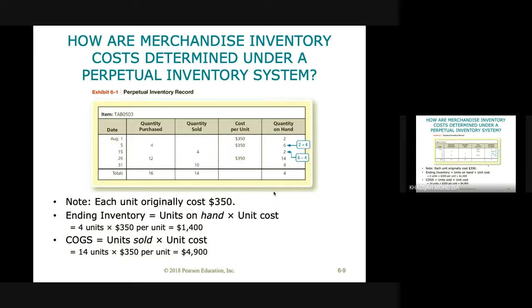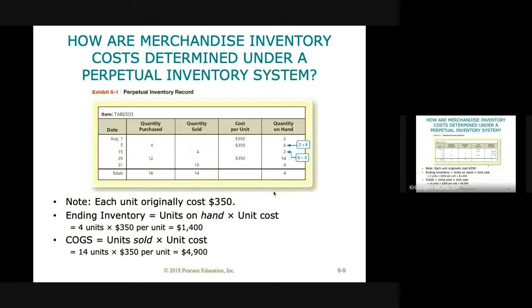It's under the system. Then on the 15th of August, you sell 4 units. Before that, you have 6 units, then you sell 4 units, and therefore at the end of the period you are left with only 2 units, whereby 6 units minus the 4 that you sold. So in hand, you now only have 2 units.